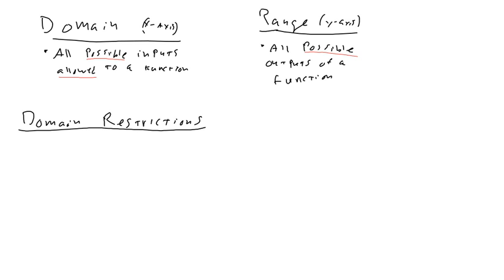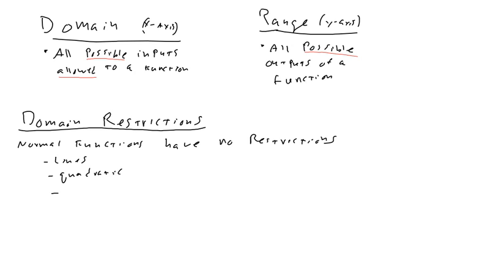So normal functions have no restrictions. Things like lines, things like quadratic equations, even absolute value equations have no restrictions. Nothing is not allowed. A quadratic function, you can plug in any number. Absolute value, you can plug in any number. A line, you can plug in any number.